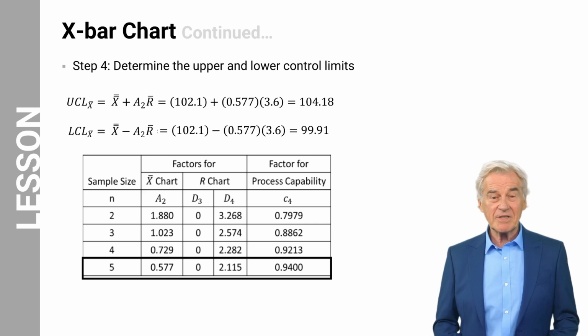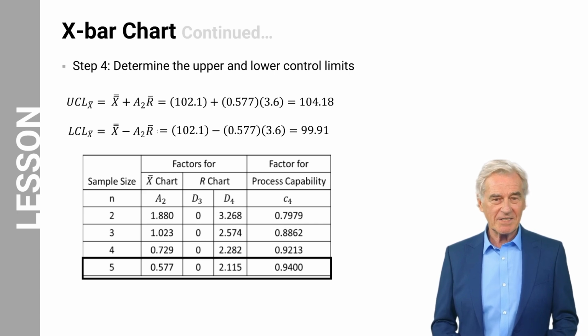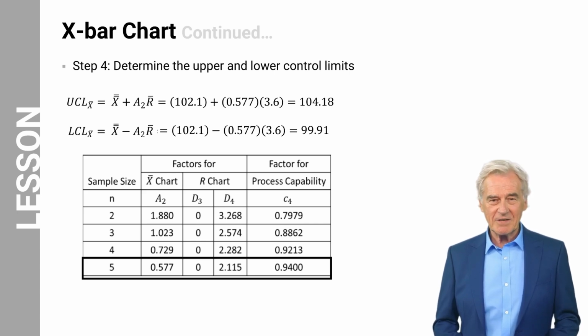Step 4. Determine the upper and lower control limits for the X-bar chart. The upper limit on the chart is established at approximately 3 standard deviations above the center line. Similarly, the lower limit on the chart is established at approximately 3 standard deviations below the center line. Since we do not know the standard deviation of the population because of the small data sample, an approximation must be used instead.